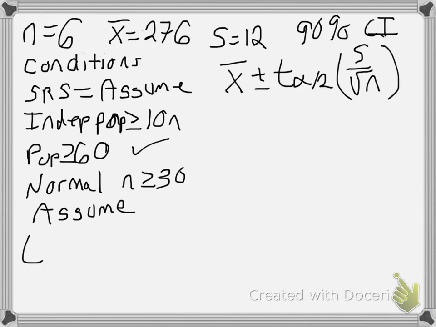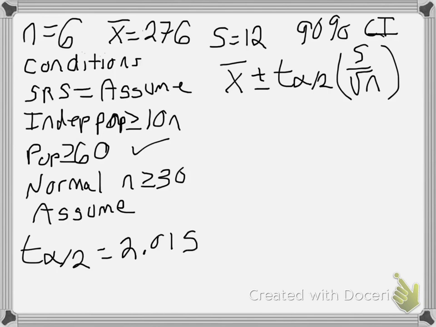And t of alpha over 2 comes right off the chart. What are the two things that you need to know? You need to know your n, and you need to know your confidence level. n is 6, so what's our degrees of freedom? 5. So if we have 5, and our confidence level is 90%, we just go to where 5 and 90% meet, and hopefully you come up with the same thing that I did, 2.015.